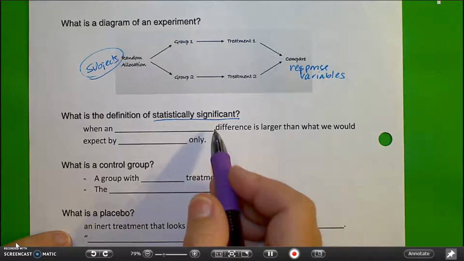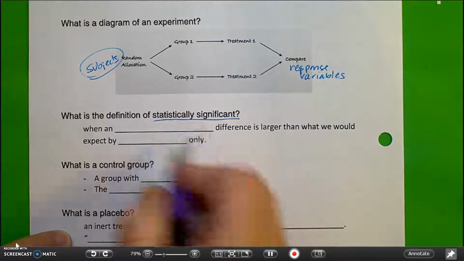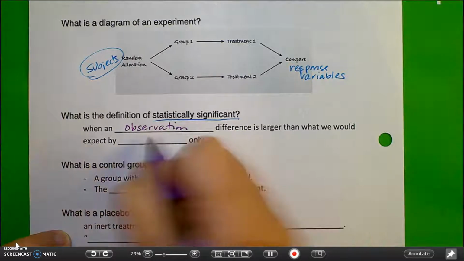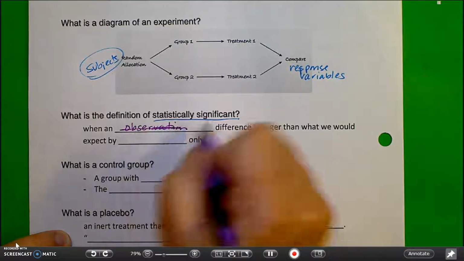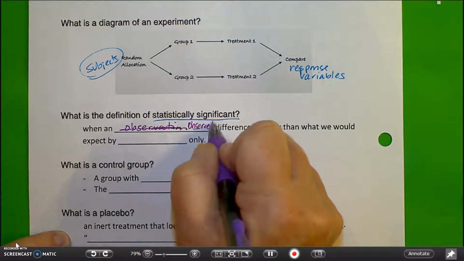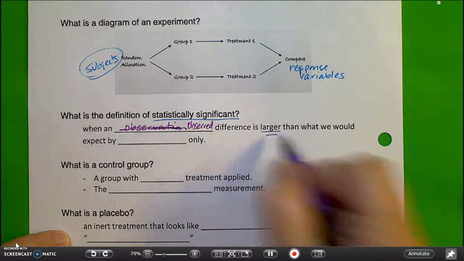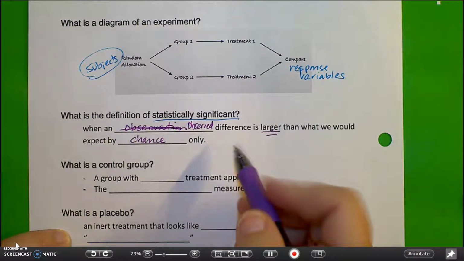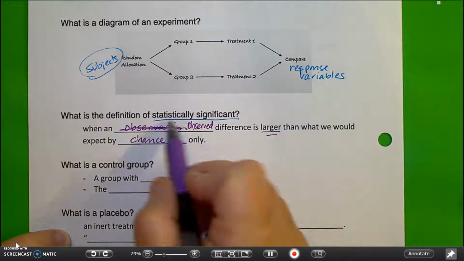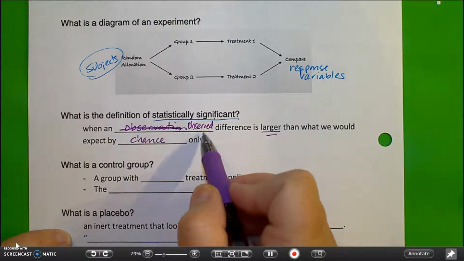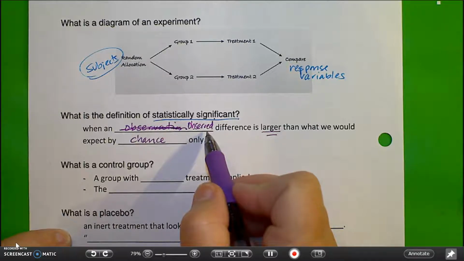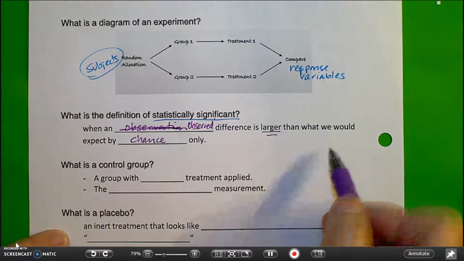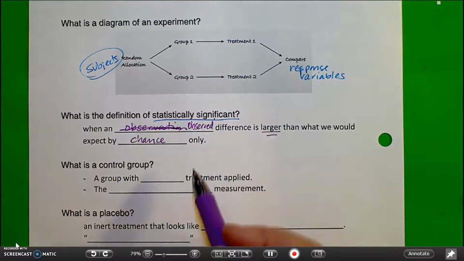So the definition we want to use here is that statistically significant is when an observed difference is larger than what we would expect by chance only. We know there's chance variation in everything. A statistically significant difference would be a difference in a response variable or in a result that's bigger than what we would anticipate. This is what we're looking for in any study.